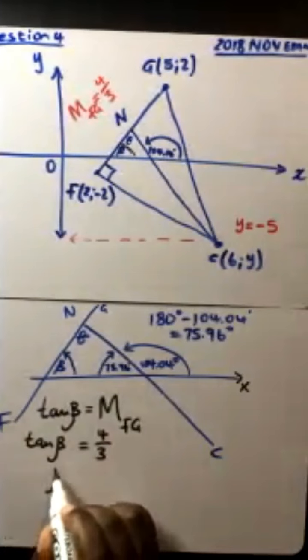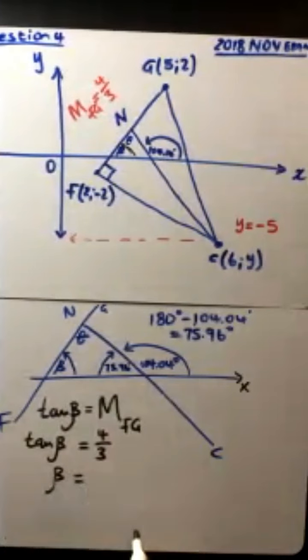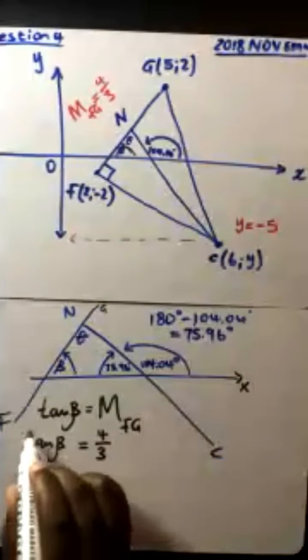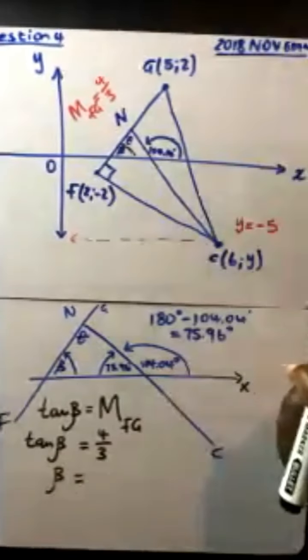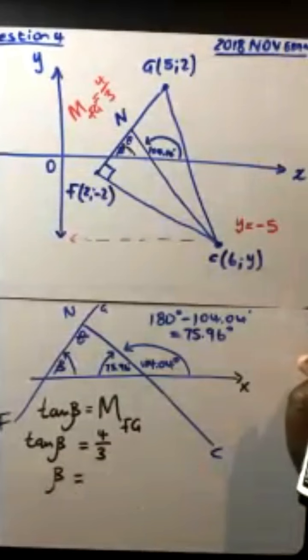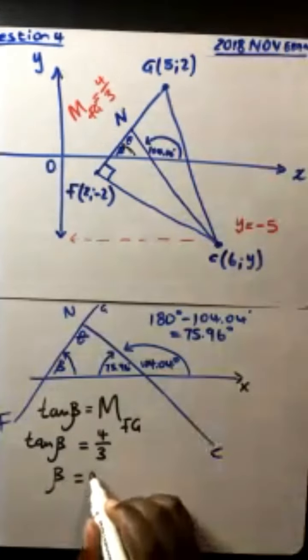So guys, when you've got something similar to this, how do you remove that tan and calculate that angle? Second function of tan on the calculator and put that 4/3 in the bracket over there. 100%.